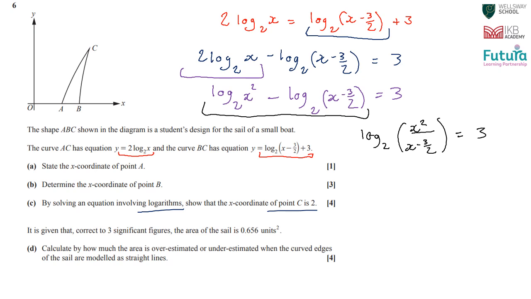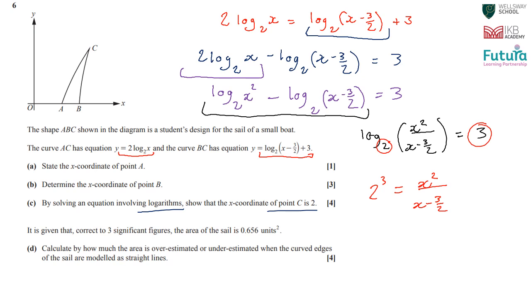Now it looks like that, the rest of the solving should be reasonably straightforward. So with this, we're going to get 2 to the power of 3 to get rid of this log. So 2 cubed equals x squared over (x minus 3 over 2).